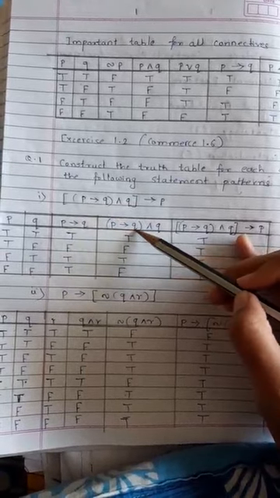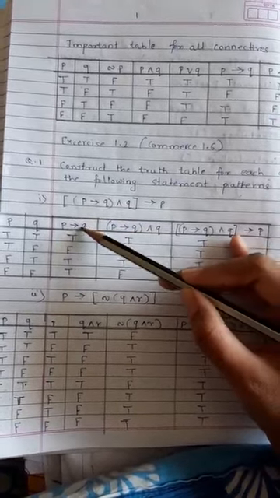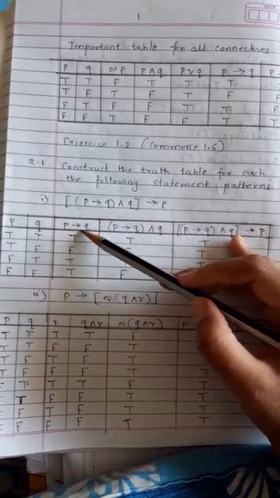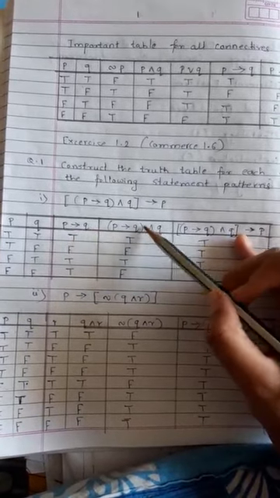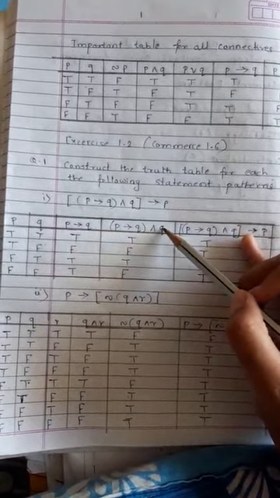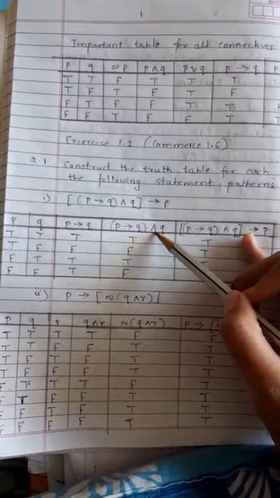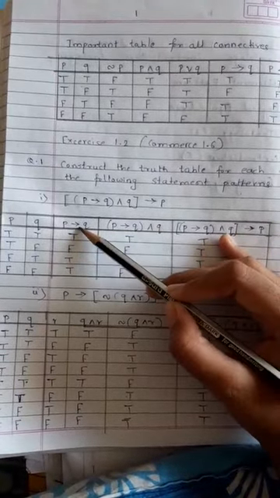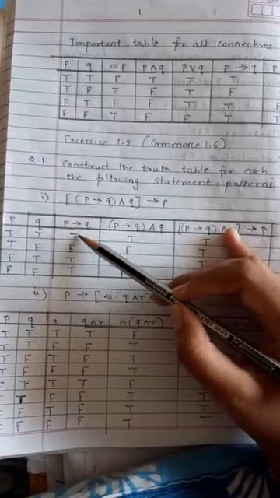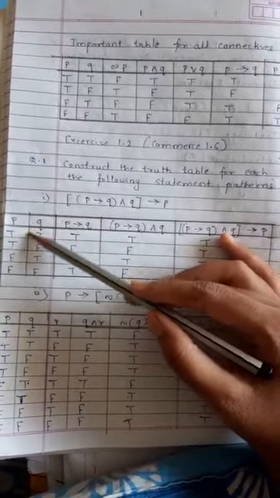P implies Q and Q. We already have P implies Q, and we take its combination with Q, and that is and.